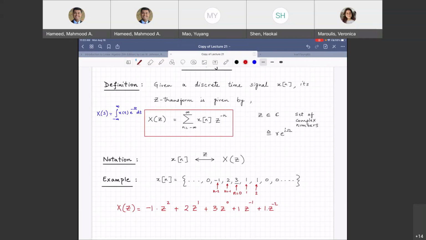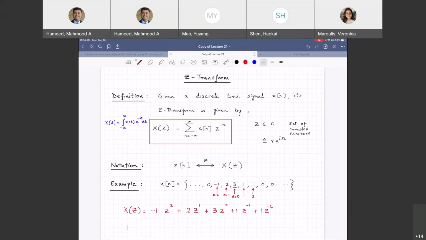Yes. So we found the z transform, but what does the z transform contain? The function and the ROC. So X of z will contain the function and the ROC. So tell me the ROC here. ROC, region of convergence. What can z be? It can be anything, a set of complex numbers, but I have to subtract a 0.